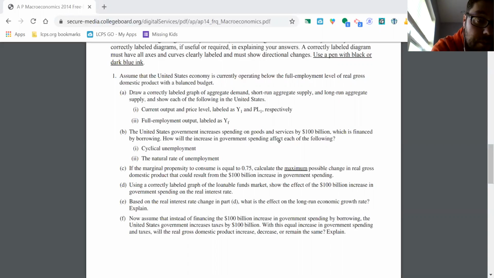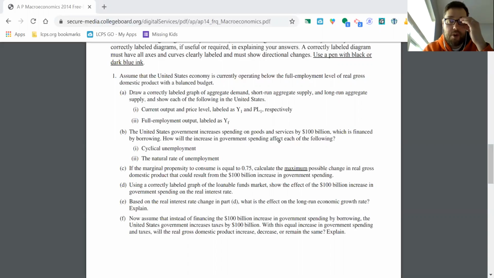Label that LRAS. And then they want these points, right? So here's your PL1. So our actual output is going to be here. That's our Y1. And then our full employment output, which would be here on the LRAS curve, right?